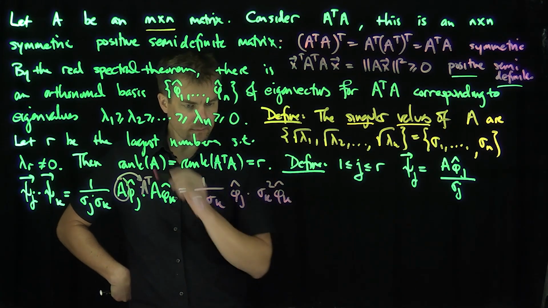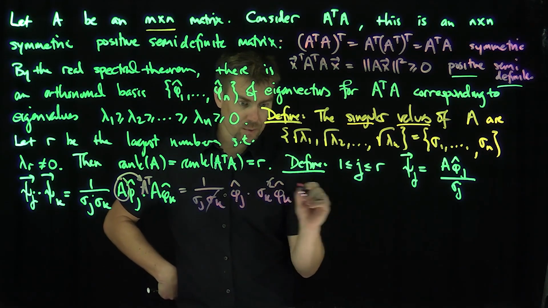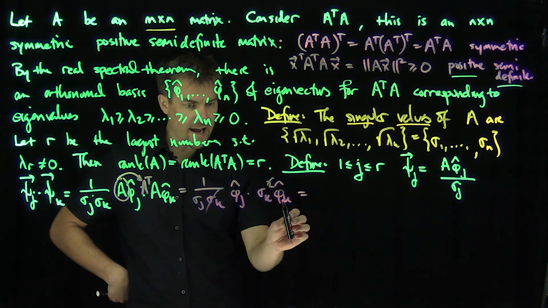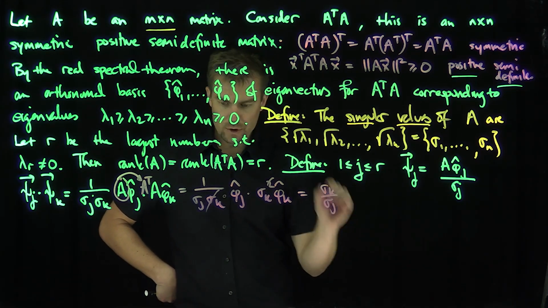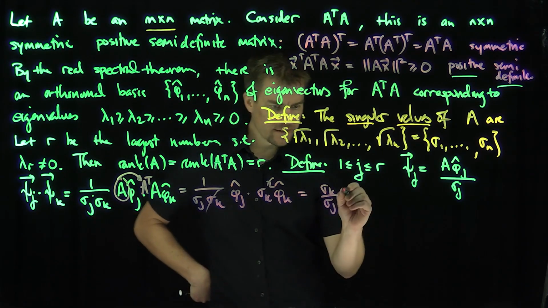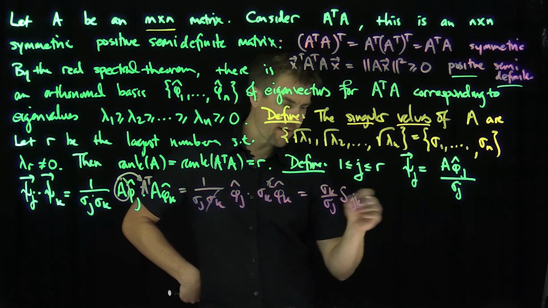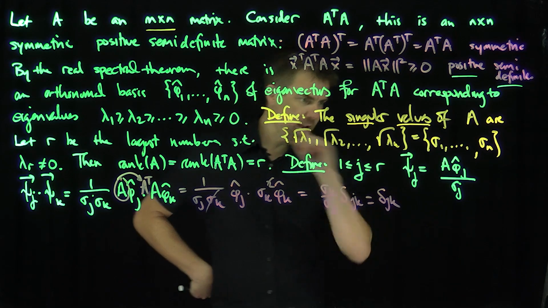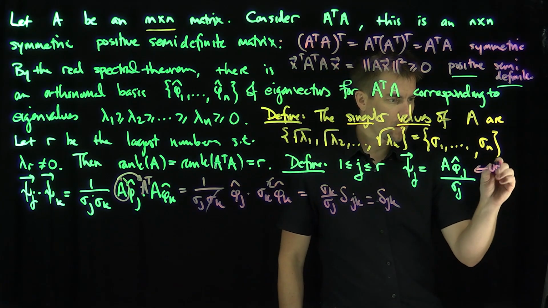So one of the sigma k's cancels out, and since these are an orthonormal basis, this is sigma k over sigma j times delta jk. When j is equal to k, that prefactor cancels, so it's just delta jk. So this set is actually an orthonormal set.